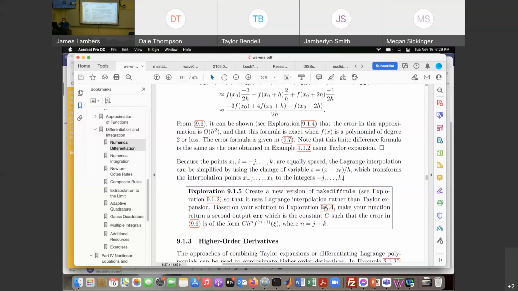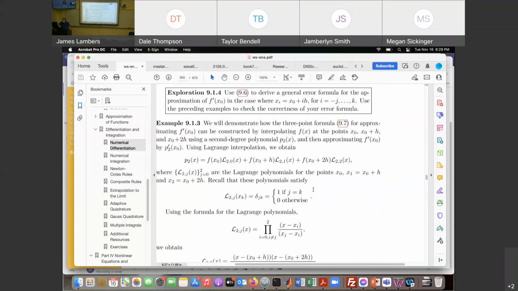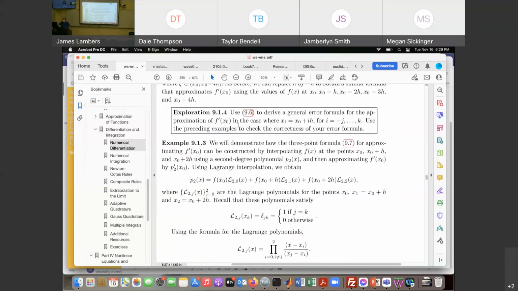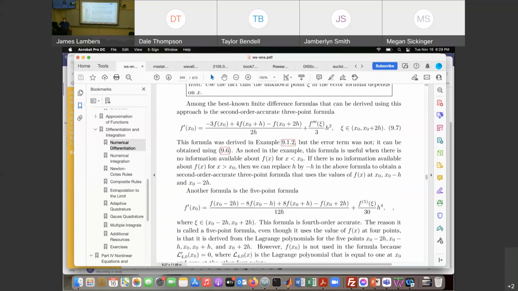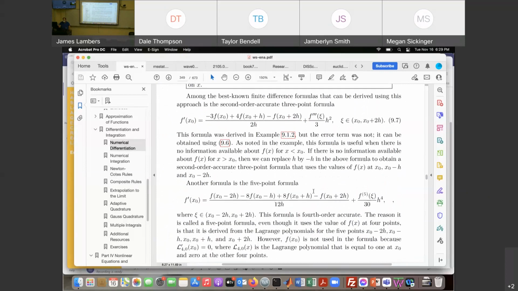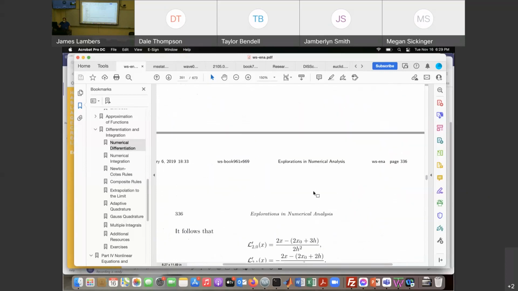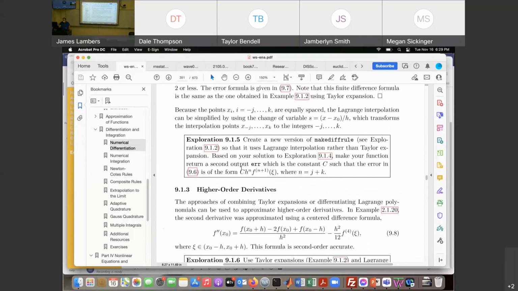Just as I mentioned in 9.1.4, you want to check the correctness of what you have by using various examples interspersed throughout the section, like these rules here. You definitely want to do the same thing in 9.1.5 for this part, where it spits out the constant in the error term.